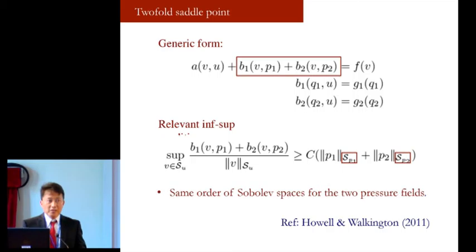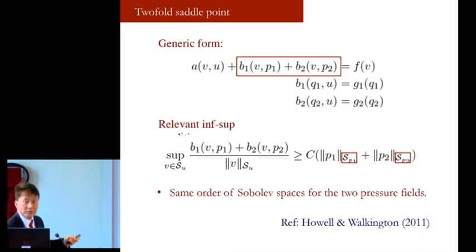Now, we are particularly interested in the combination where these constraint bilinear operators, B1 and B2, actually belong in the same Sobolev space for the two pore pressure fields. And in that case, we have the relevant inf-sup condition for the two-fold saddle point problem treated as a nested single inf-sup condition as follows.